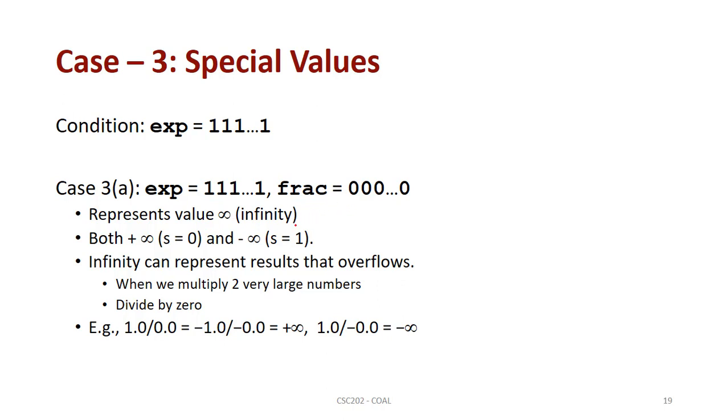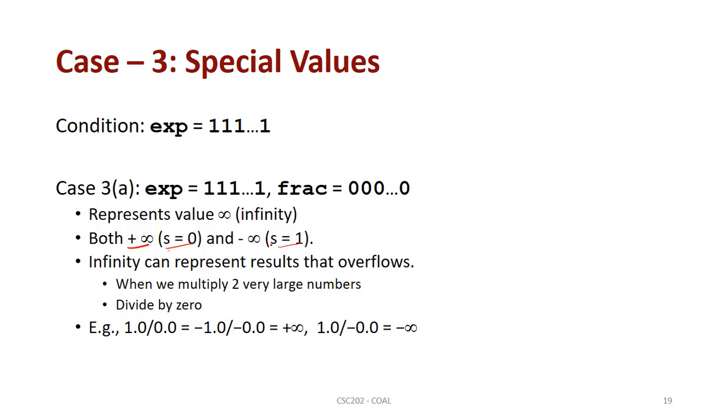Whether it is a positive infinity or a negative infinity is decided by the sign bit, the MSB. Infinity can represent results that overflow. Yes, obviously, when we multiply two very large numbers, or even at times if we add two very large numbers.